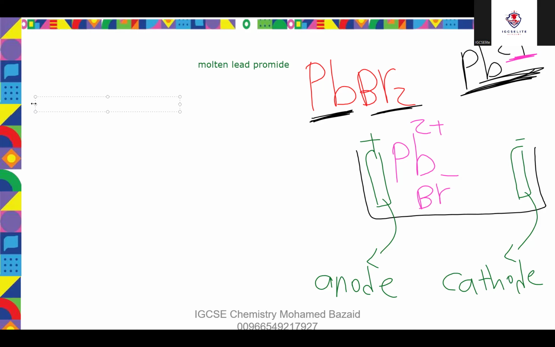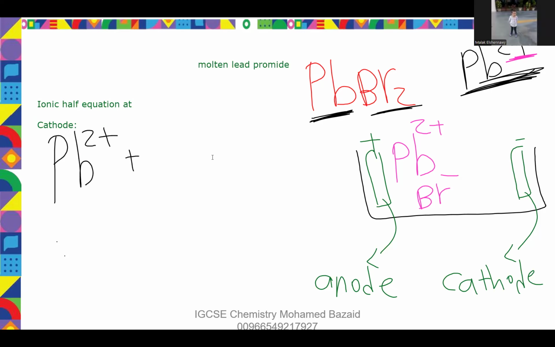Now, I need the ionic half equation at the cathode. At the cathode, Malak, which ion is attracted to the cathode? The Pb, positive 2. Yes, Pb has positive 2, so it will gain how many electrons? 2 electrons.